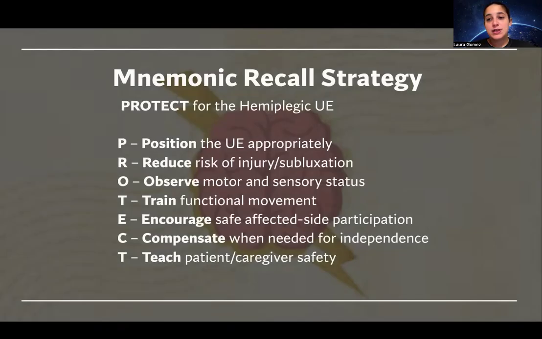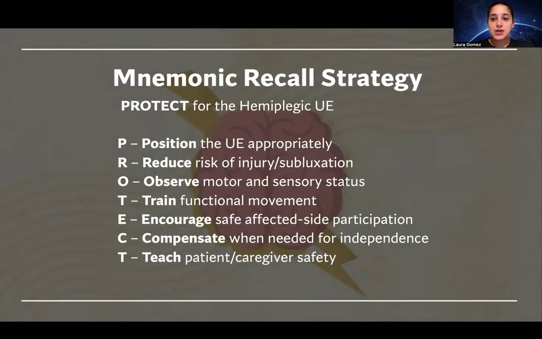And then last but not least, we have some mnemonic recall strategies. This one is PROTECT. This is something that you could use to recall all of the safety considerations that you need to be aware of when you're treating a hemiplegic upper extremity. So P for positioning.